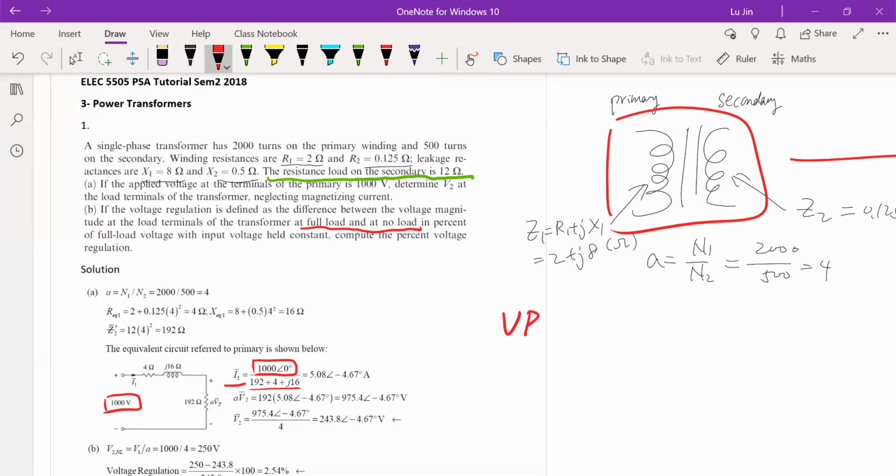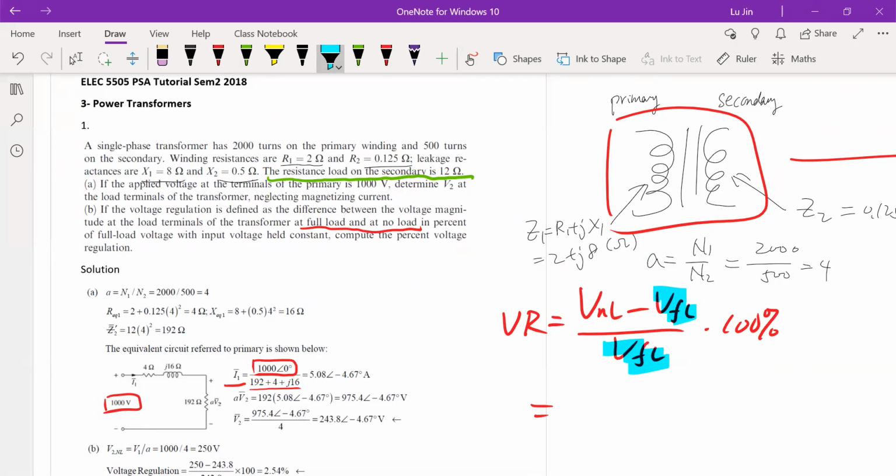Voltage regulation is equal to the no load voltage minus the full load voltage, divided by the full load voltage, times 100%. And these two terms, sorry, my fault, the two terms, no load voltage and full load voltage, are just magnitudes. The others are all numerical values. Let's have a look. I think the full load voltage has already been determined in our part A calculation.